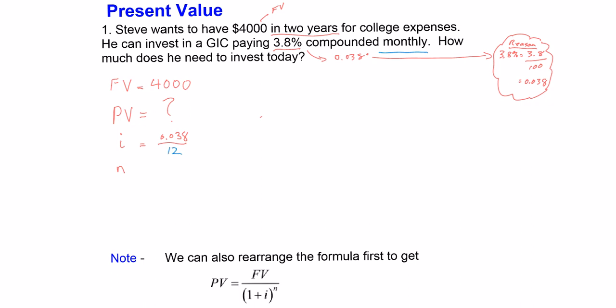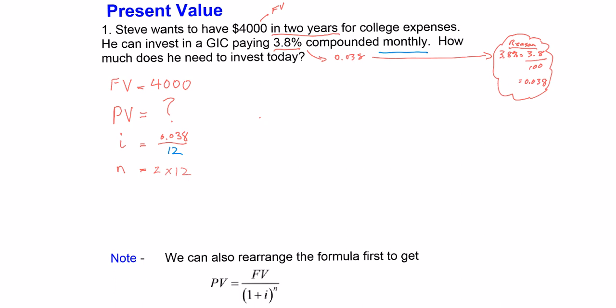So what we're going to do is divide 0.038 by 12. And then for our next portion, our N value, the reason why I have these right beside each other is that the I is always divided by 12. And it says this problem is occurring in 2 years. So we're going to start by writing 2, and we're going to times it by 12.